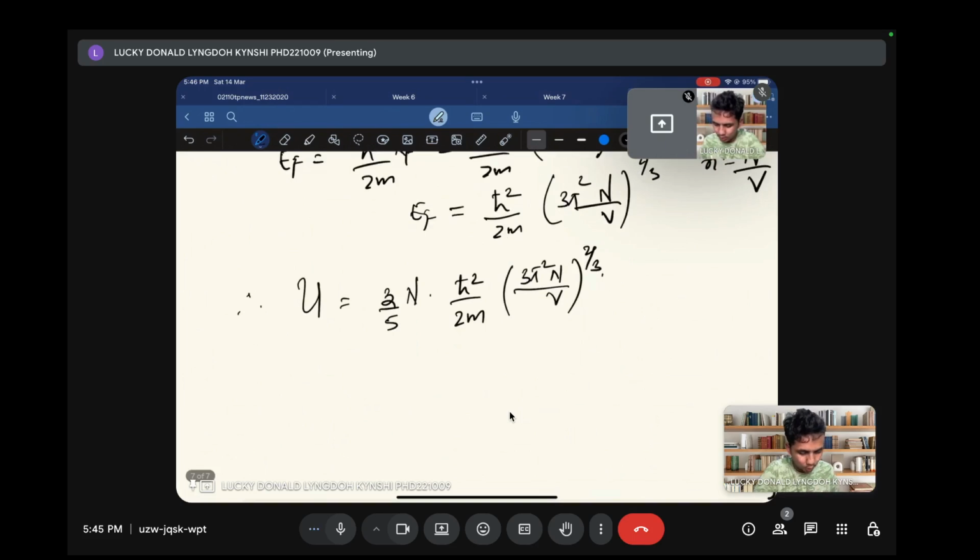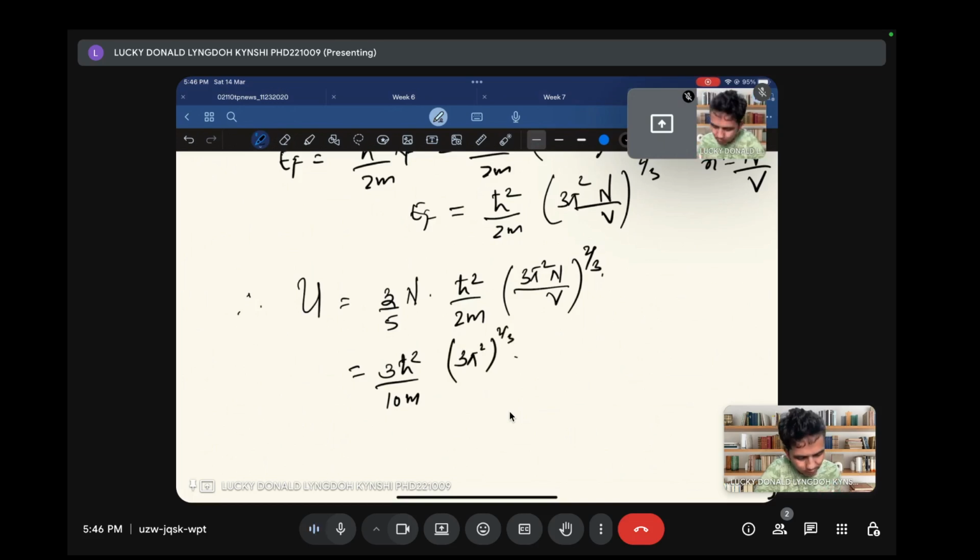Or you can also write it as 3ħ² by 10m, not 2m, and (3π²)^(2/3).